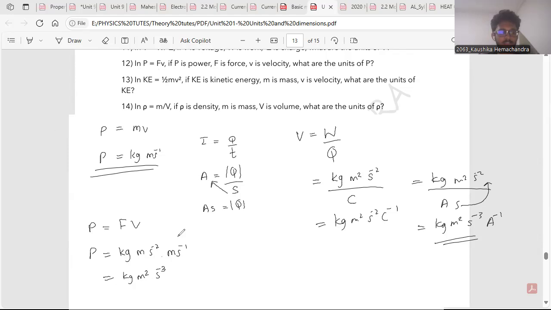You can't say per cubic second, no, it doesn't sound that way. Right. Next, for 13th one, no?